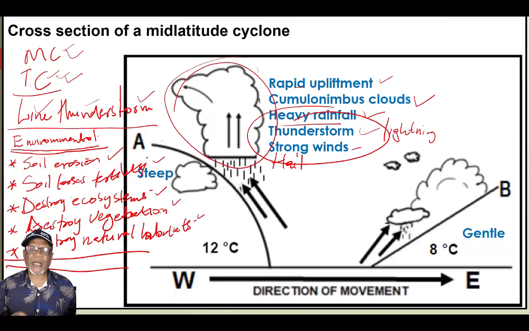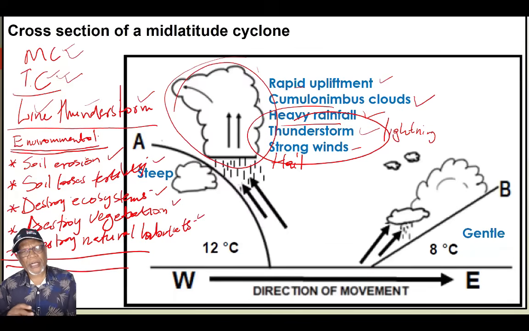You can look at the man-made environment that is going to destroy the harbor, because the question is open. It says coastal environment. It does not say natural environment. So which means now you can also bring about the destruction of ports, harbors, infrastructure, and all other things that are not natural.